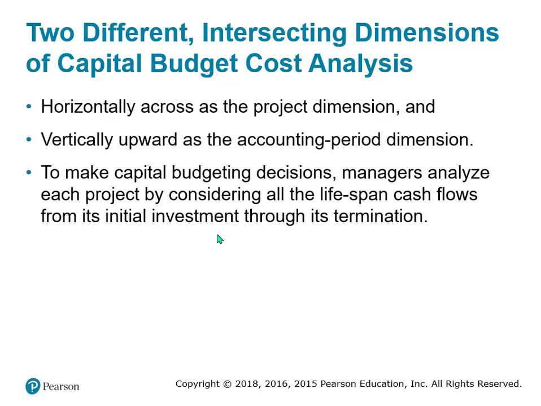To make capital budgeting decisions, managers analyze each project by considering all the lifespan cash flows from its initial investment through its termination. Many times when we've done work like this before, like a make or buy decision, or offering a special price to a company, we're really looking at just a single period. Now these are multi-period decisions, so we look at it over at least a 5-year period.